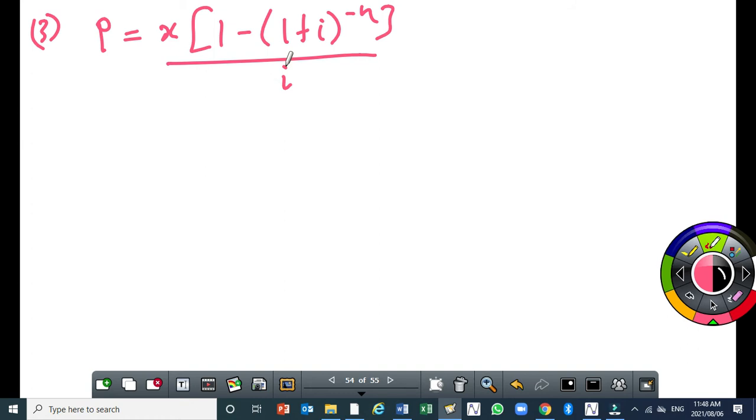Alright. Before I get the value of X, do you agree with me that I can make X the subject by multiplying P by i, then dividing by what's inside the square brackets? Do you understand that part now? Yes. Alright, so I can write this as X equal to P, which is 414,000, times i.